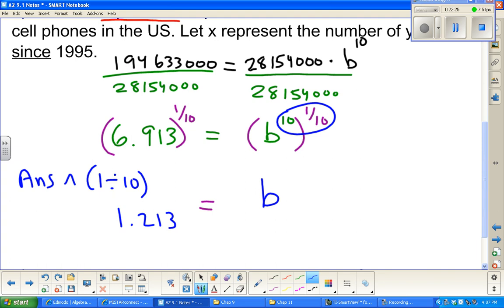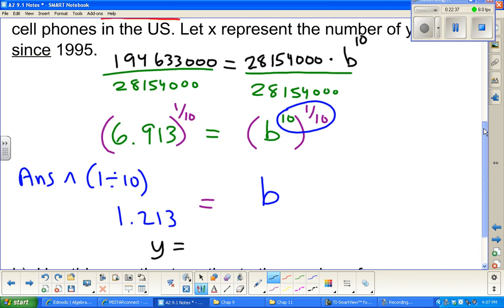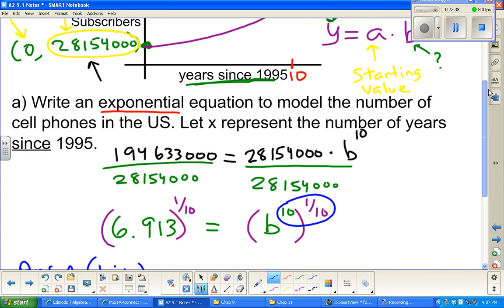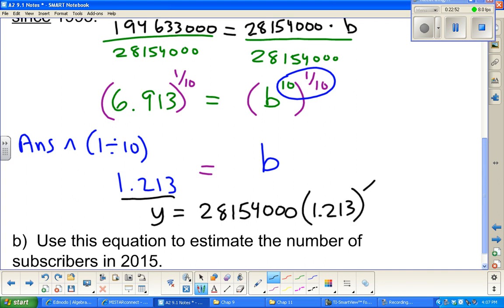So we can write the equation now. The equation would be y equals, we knew the a value, the initial value was 281,540,000, times, we just found b, to the x power.